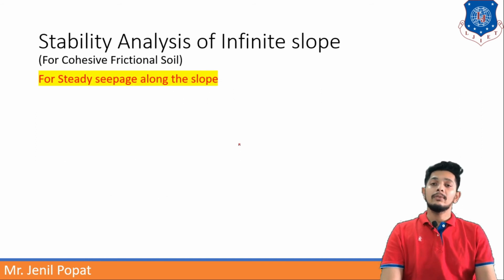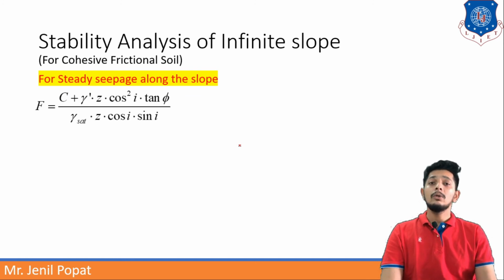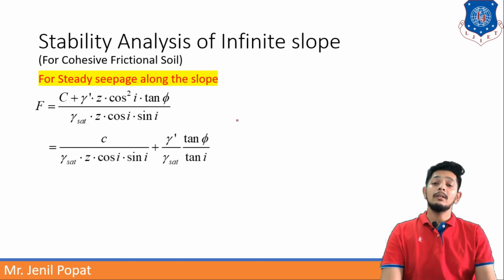Now if the case of steady seepage along the slope is there, we know what that is from the previous video. Here F is written as c plus gamma dash z cos square I into tan phi upon, be careful here, gamma saturated z cos I into sin I. It is the case of steady seepage where we use gamma dash in the numerator and gamma saturated in the denominator.